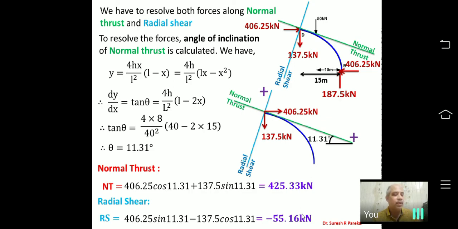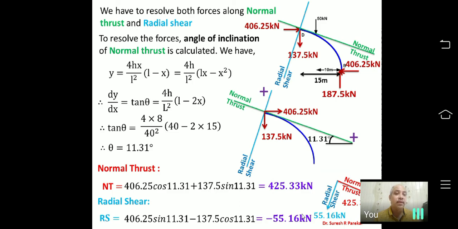So now I know both the values. So knowing both these values, we can show radial shear downward 55.16 and normal thrust in downward direction, that is also 425.33 kilonewtons.